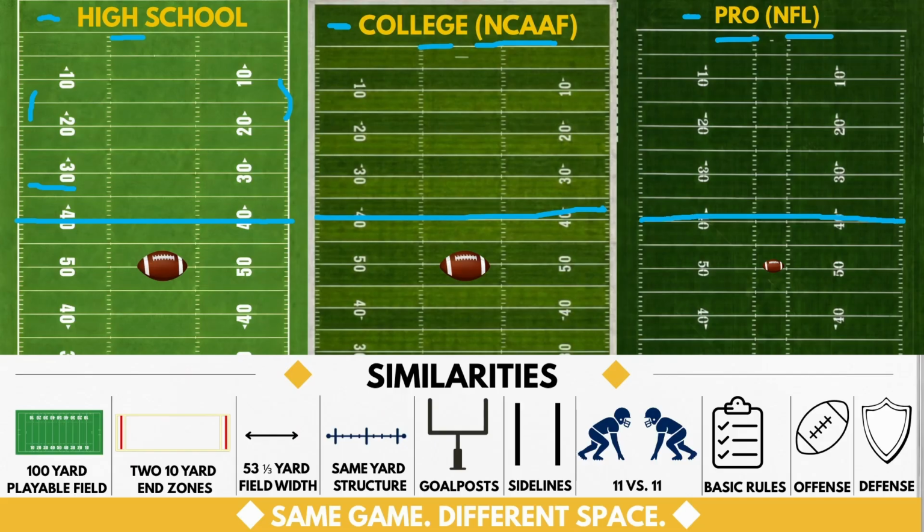Same yard structure, so you can count in either direction. 50, 49, 48, 40, that way, or 50, 49, 48, 40, then the opposite way. So same yard structure. Goalposts were shown earlier, the little yellow goalposts. Sidelines would be in white on the side of the field.